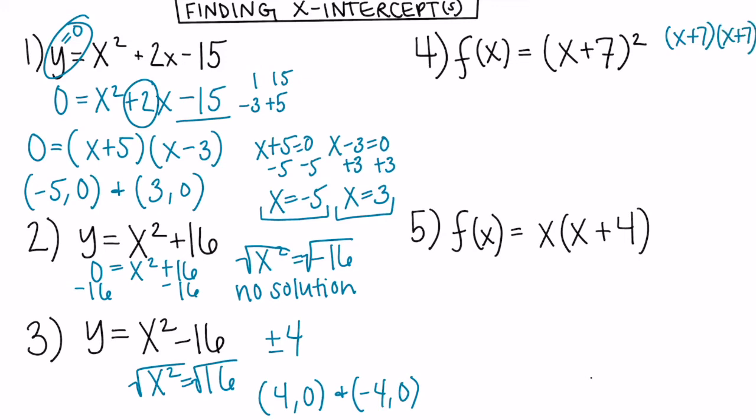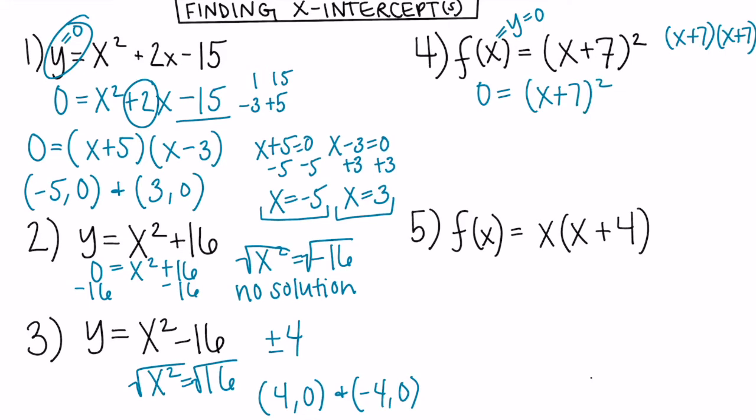We'd actually have to FOIL that out, which you could do, but there's actually an easier way because we know f of x really means the exact same thing as y, which we know to be an x-intercept, y has to equal 0. So same thing, we can do 0 equals x plus 7 squared, and then we solve.